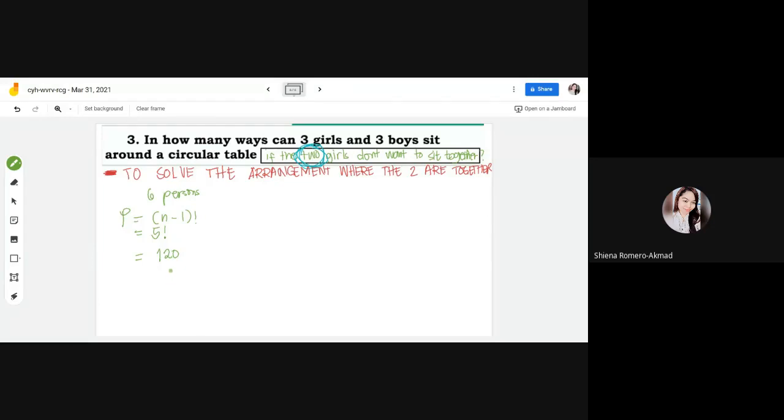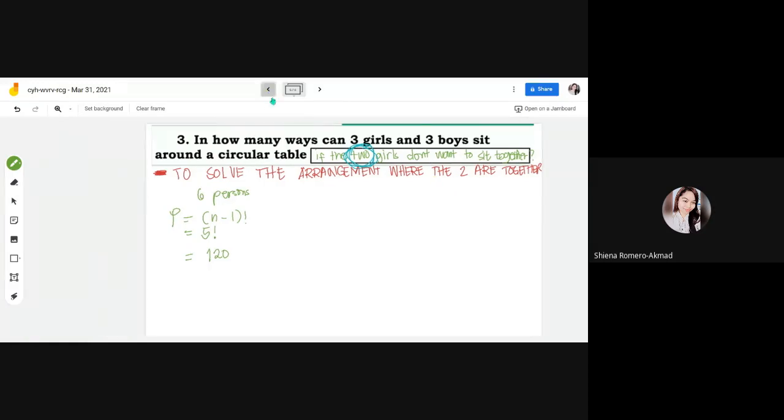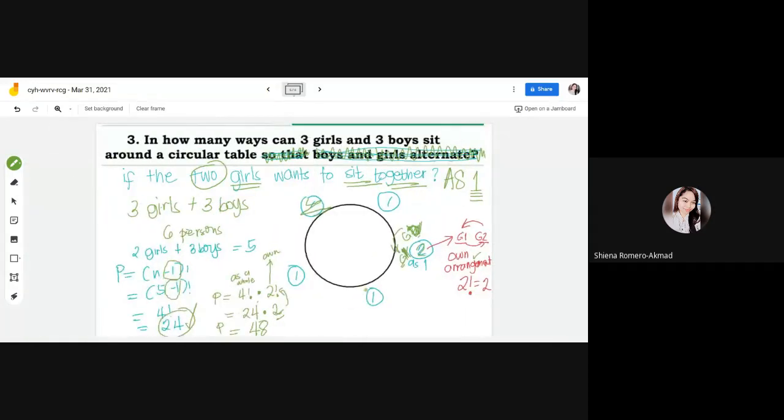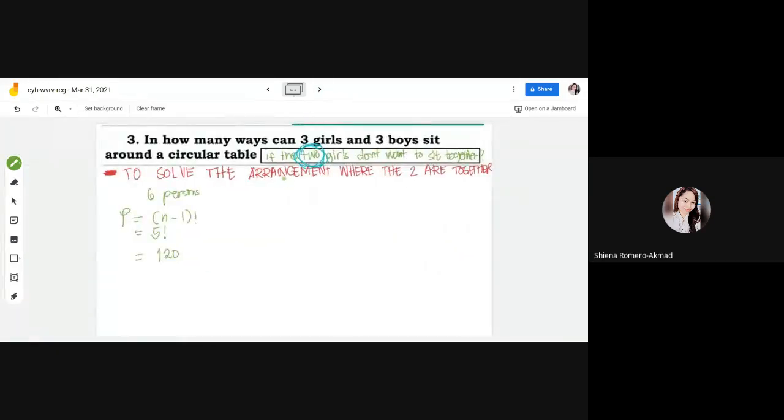Now, dahil ayaw nilang magtabi, solve natin ngayon yung katulad nito. Ibabawas natin yung number of the arrangement na magkatabi silang dalawa para makuha natin yung arrangement na hindi sila magkatabi.